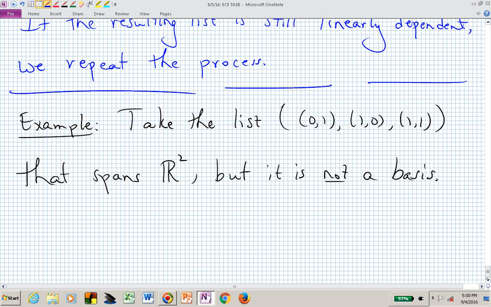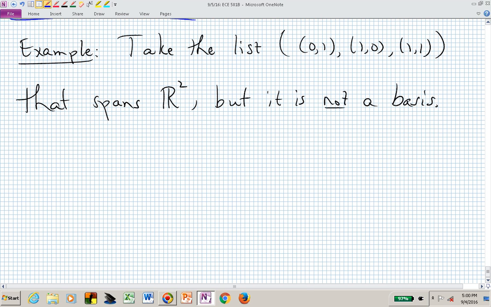Which means that we need to identify one of those vectors that can be created or expressed as a linear combination of the other vectors. And if it can be, then we just remove it. In this case, this example is pretty easily cooked up. If we select the (1, 1) vector and remove it, hopefully you can see that (1, 1) can be easily represented as a linear combination of (0, 1) and (1, 0).